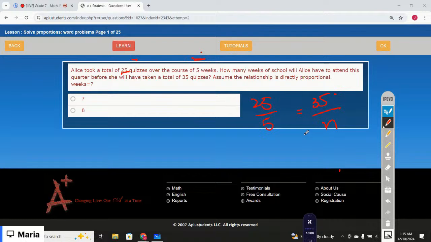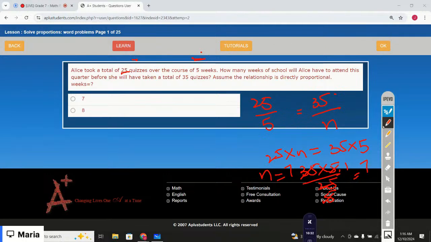So just cross multiply and solve for n. That is 25 times n equals 35 times 5. n equals 35 times 5 over 25. 5 times 1 is 5, 5 times 5 is 25, and 5 times 1 is 5, 5 times 7 is 35.